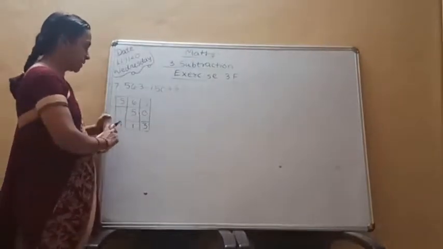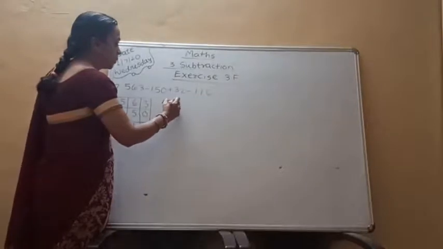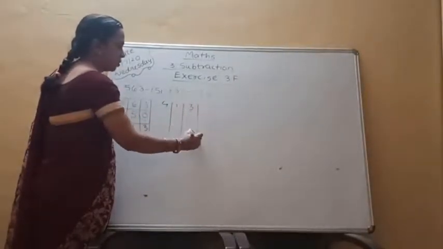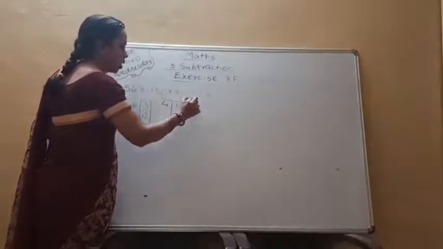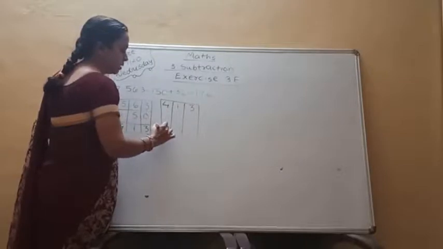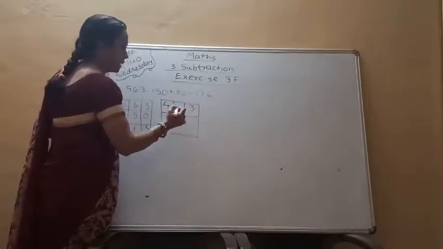So what is the answer? 430. So you write down here 413. In your notebook you leave one box for second step. Then you write down second step.